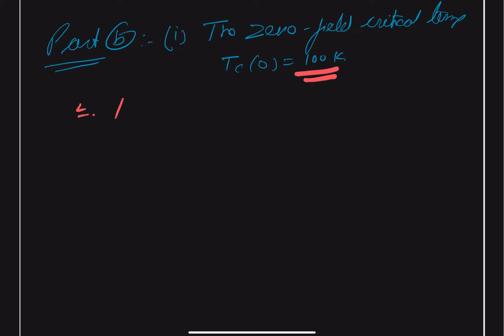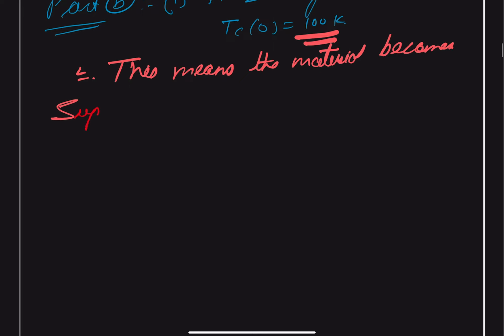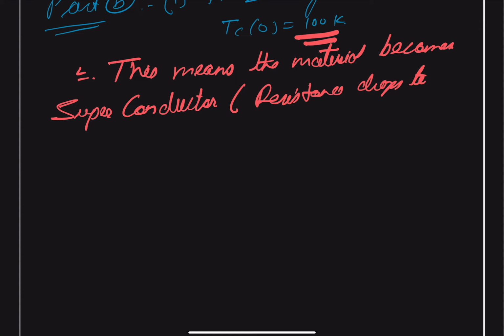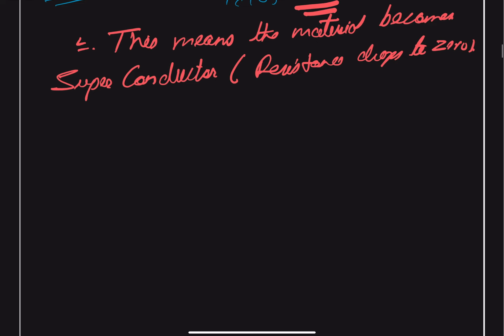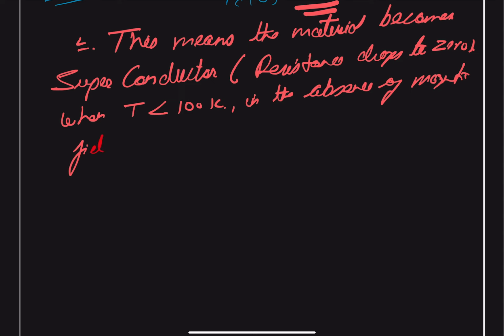So we can write, this means the material becomes superconductor, which basically means resistance drops to 0 when our temperature is less than 100 Kelvin in the absence of magnetic field.